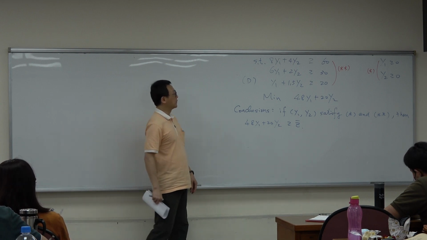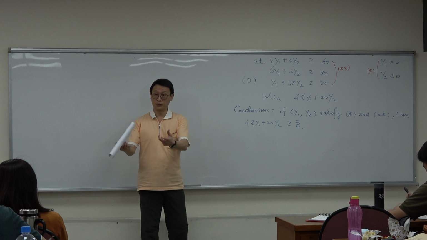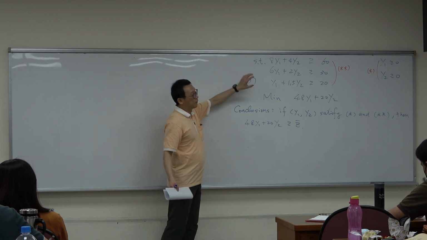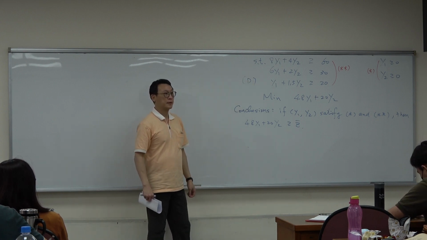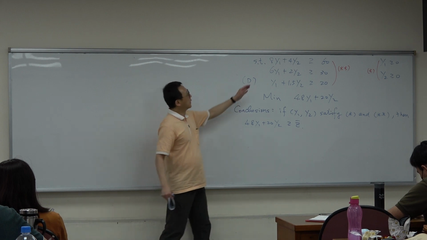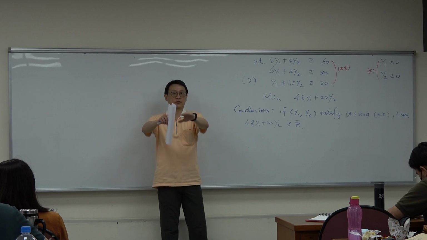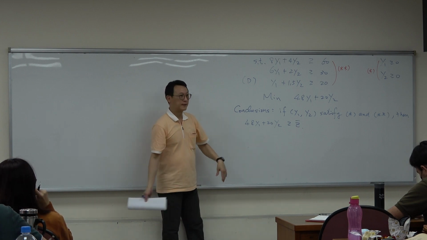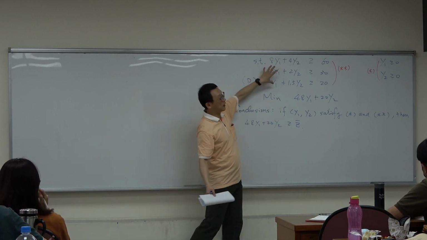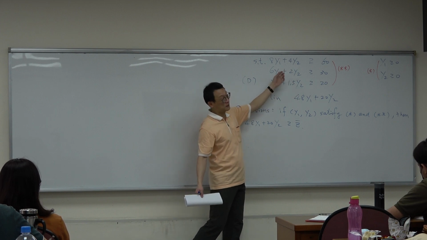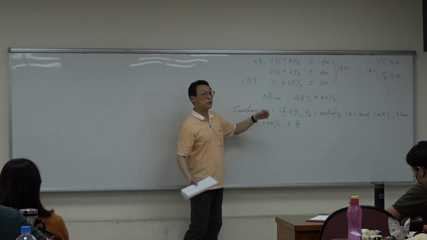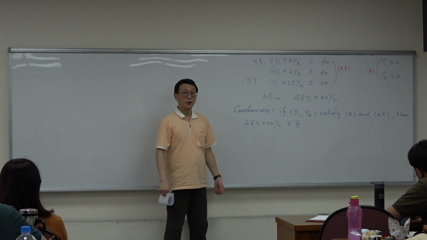So it means that if I can find a feasible solution of this, as you can see, we have this linear constraint. So I can construct the feasible region. So y1, y2 satisfy this. It means that y1, y2 are in this feasible region.